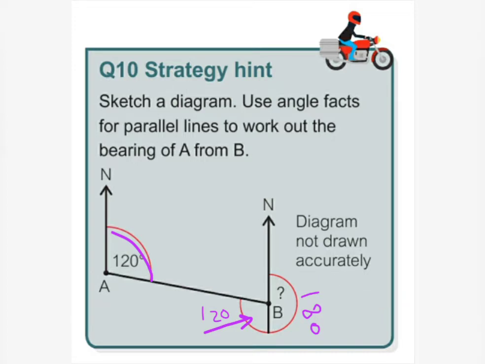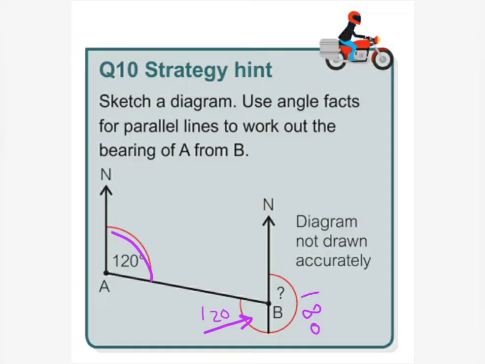So if it's smaller than 180 and you want the other bearing, you just add 180 to it. And if it's bigger than 180 and you want the other bearing, you just subtract 180. So the rule here says if it's bigger than 180 and you want the other bearing, subtract 180. If it's smaller than 180 and you want the other bearing, add 180.